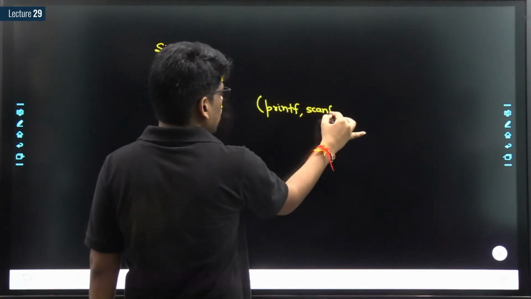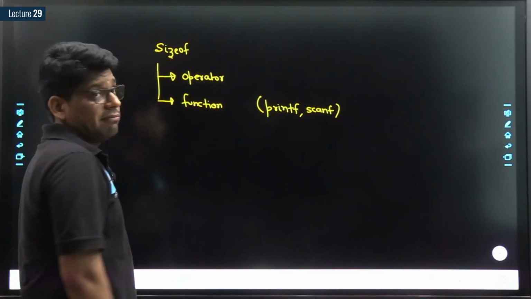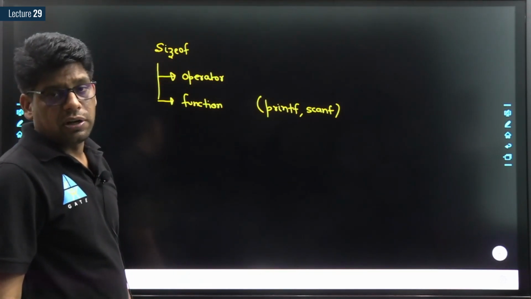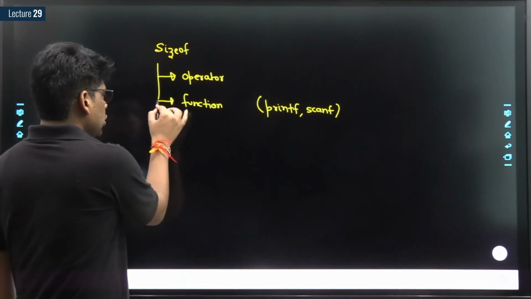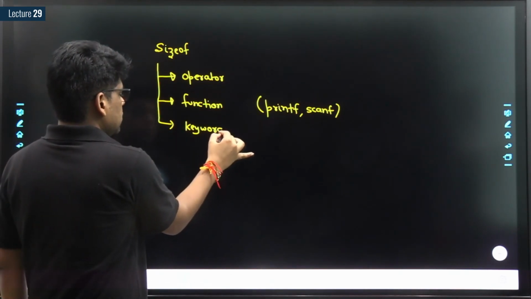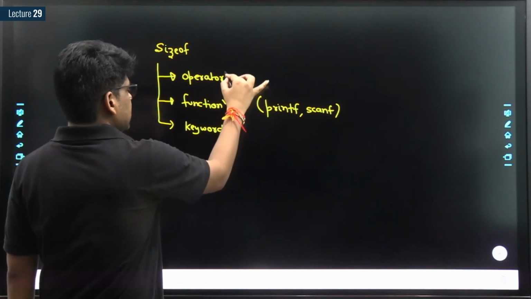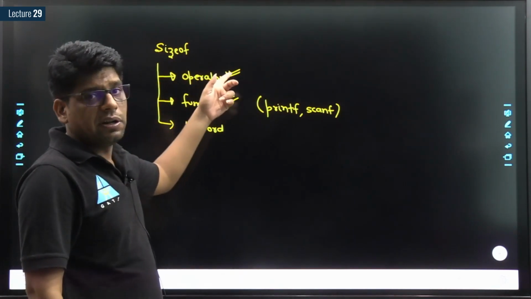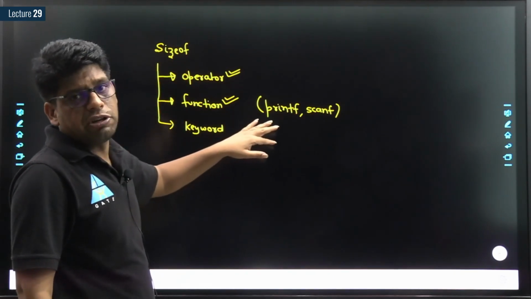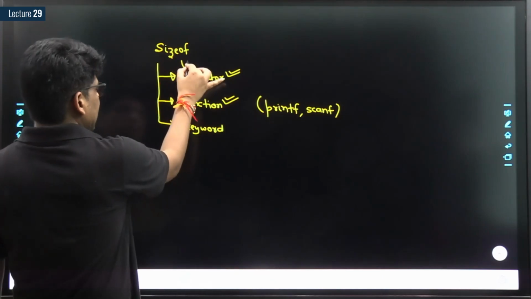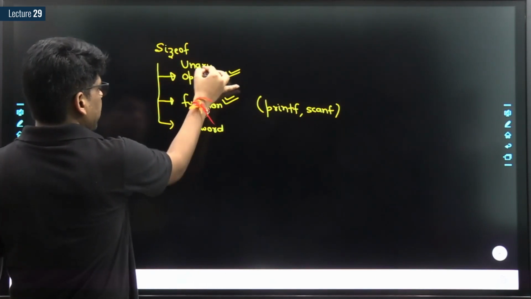Sir, it is also an operator, it is also a function. Sir, is it a keyword also? Yes, it is a keyword. This is the good thing. Function as well as operator. This is the only function which is also an operator. This is the only operator which is also a function. So, sizeof is an operator.